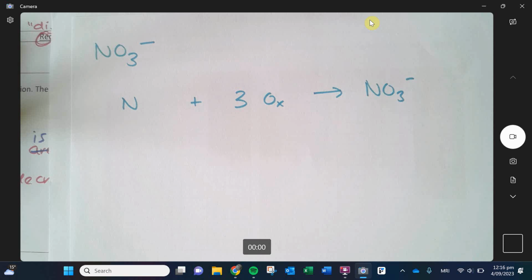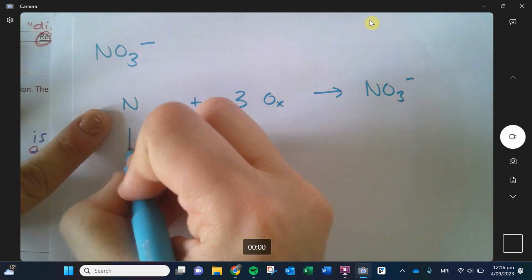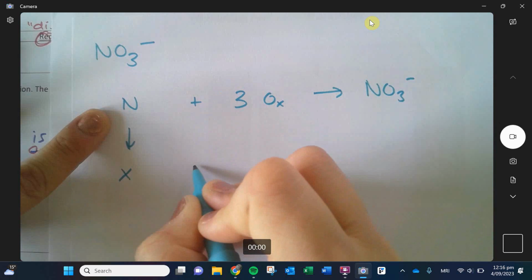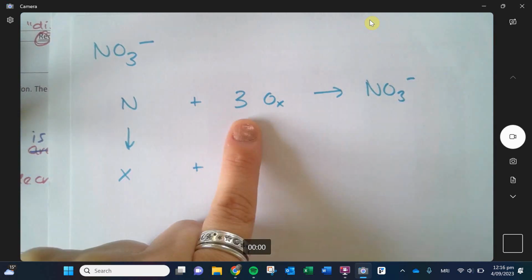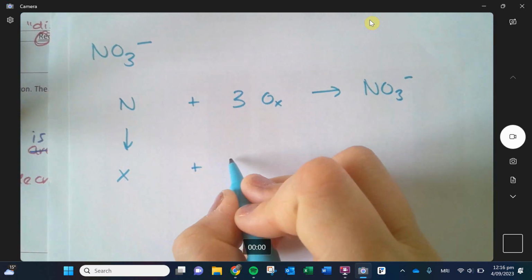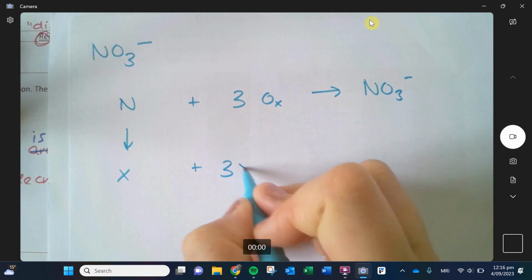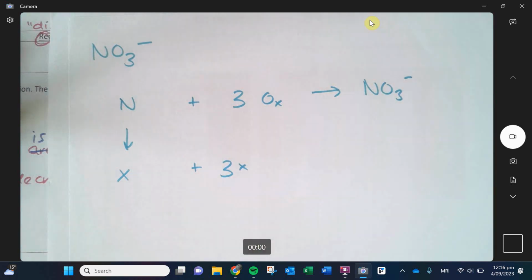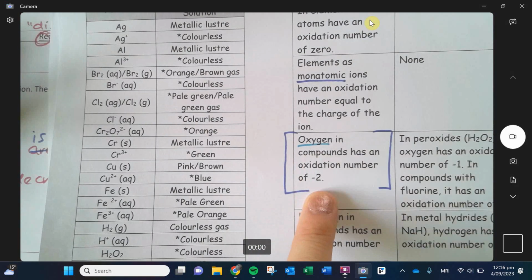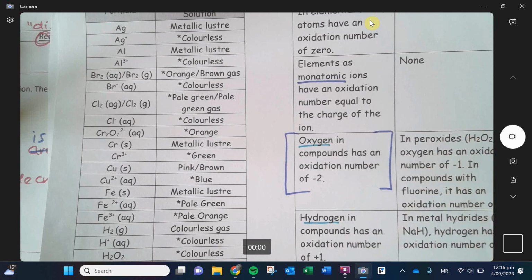I translate that then across to the oxidation number rules. There's nothing for nitrogen, so nitrogen becomes my X, my unknown. For my oxygen, I know that it is 3 of them, and the oxidation number for oxygen is -2, except if it's in peroxide, which it's not in.